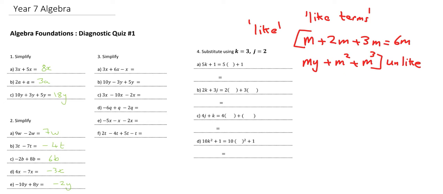Here we have 6x plus 3x is 9x, minus x is 8x. 10y minus 3y is 7y, add 5y, it gives 12y. 3x minus 10 is minus 7, minus 8, minus 9x. Minus 6q plus q is negative 5q, negative 6, negative 7q.